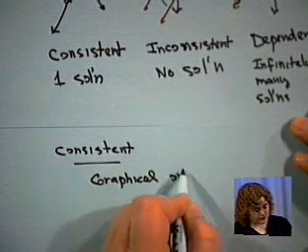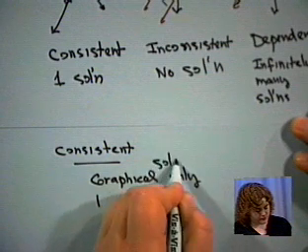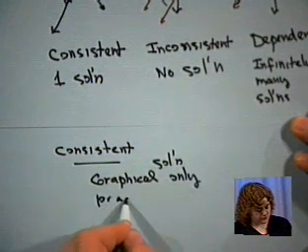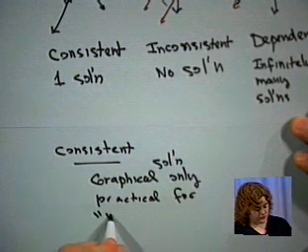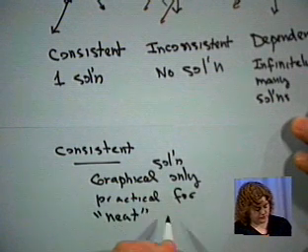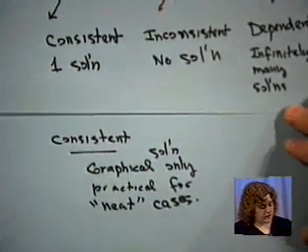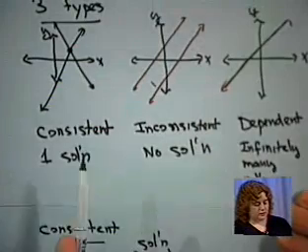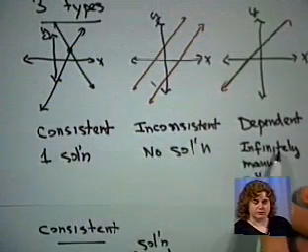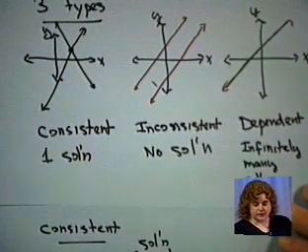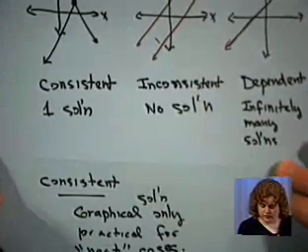So I'm going to write: graphical solution is only practical for neat cases, neat little integers. So I'll just remind you, consistent, inconsistent, and dependent are three new vocabulary words for you. You'll need to be able to recognize those. And that will be the end of this segment.